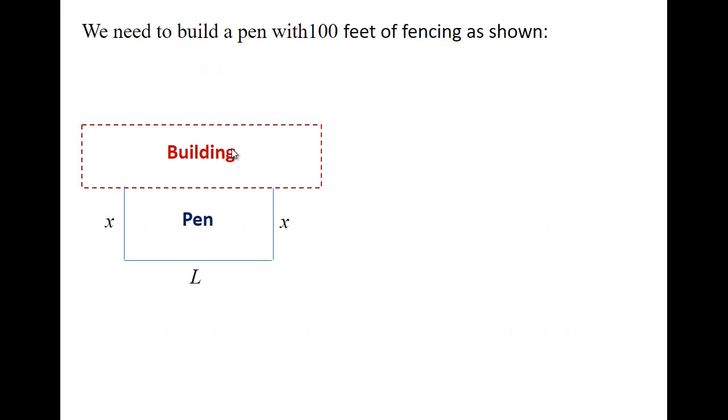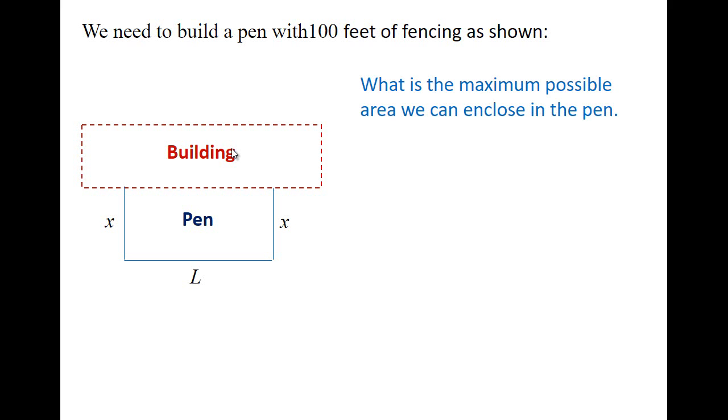Okay, so we need to build a pen with 100 feet of fencing as shown. We want to know the maximum possible area we can enclose in the pen. The constraint here is that since we have only 100 feet of fencing, the perimeter of the pen, 2x plus L, must be equal to 100.